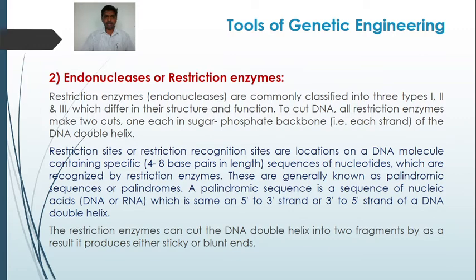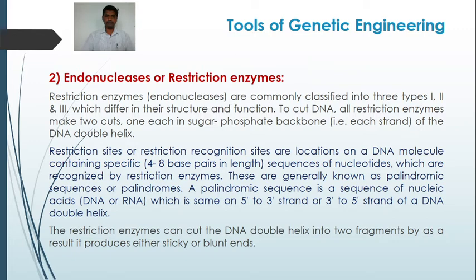A palindrome sequence is a nucleic acid sequence which is the same on the 5' to 3' strand or the 3' to 5' strand of a DNA double helix. The sequence reads the same whether we read in the 5' to 3' direction or 3' to 5' direction.